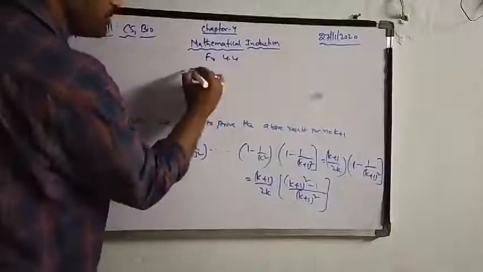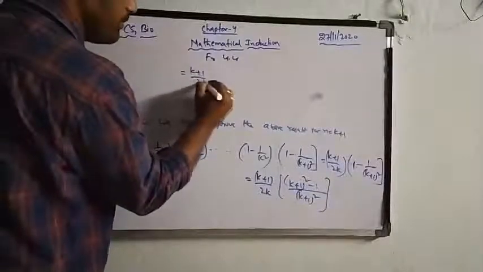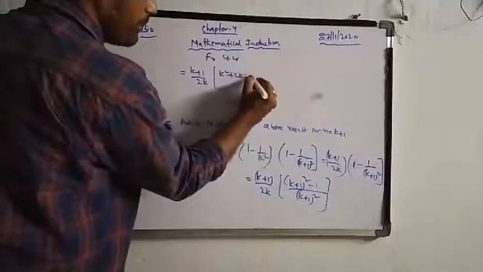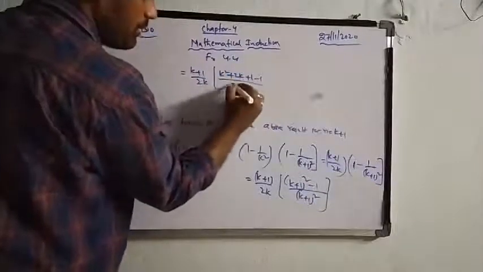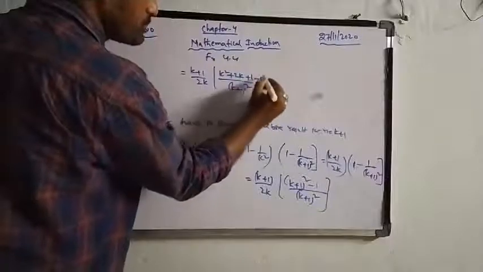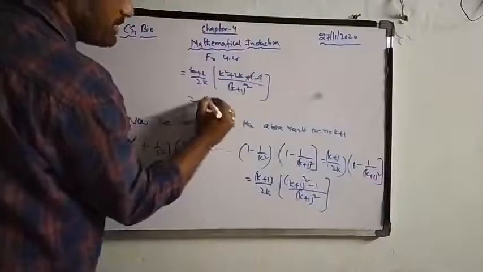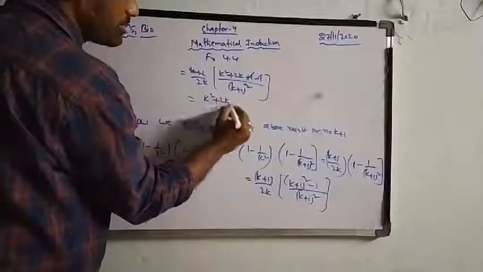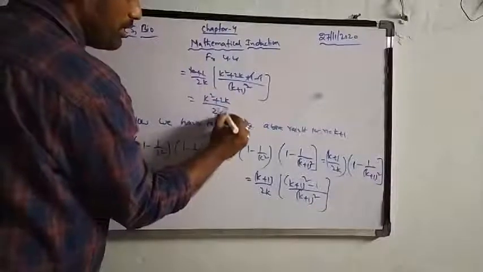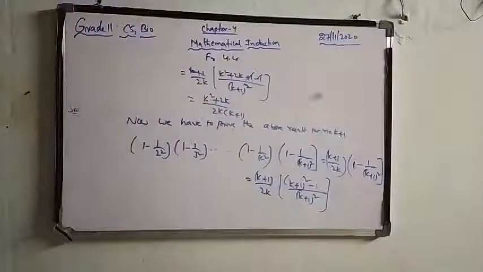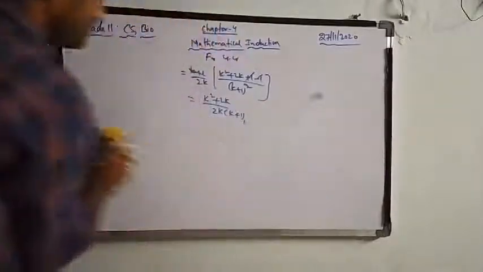That is equal to (k+1)/2k [(k² + 2k + 1) − 1]/(k+1)². So these two get cancelled, plus 1 minus 1 gets cancelled. The left terms are (k² + 2k)/(2k(k+1)).